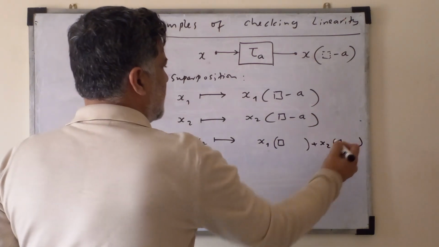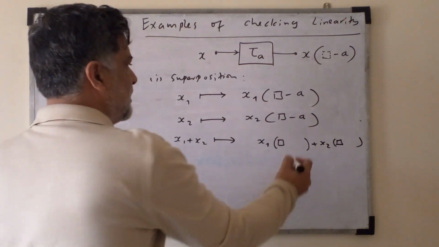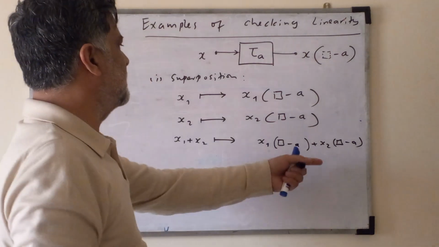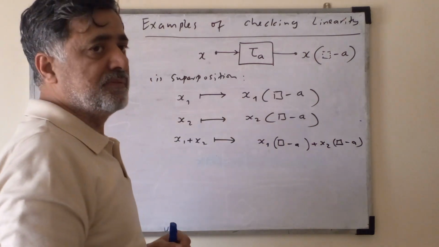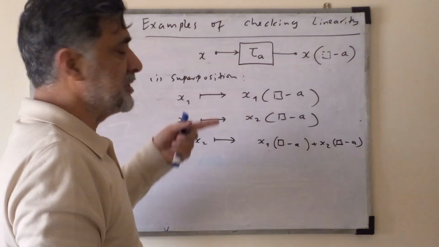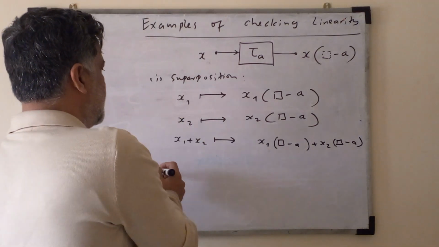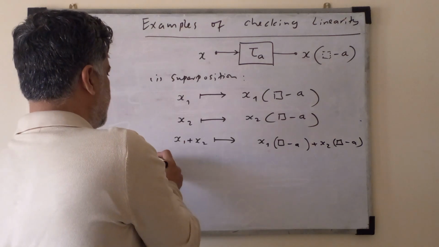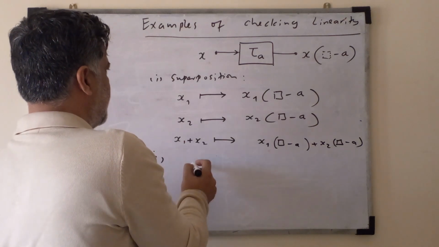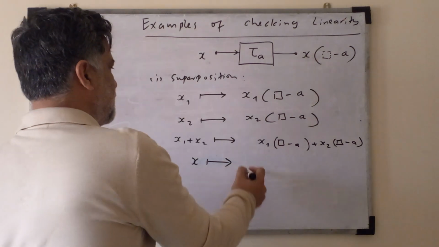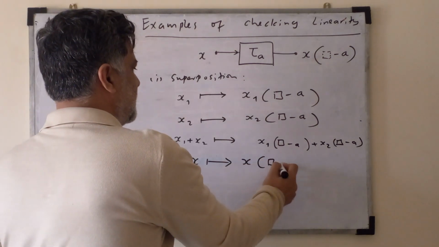But because there is a shift, you apply the shift, and you can see that this is just the sum of those two signals. So superposition is automatically satisfied.